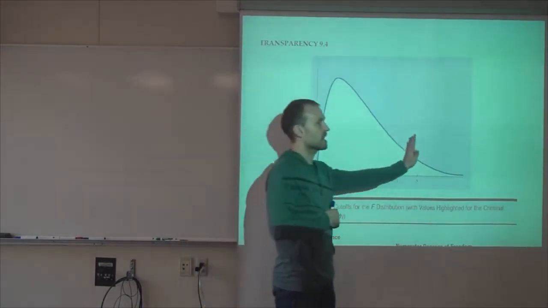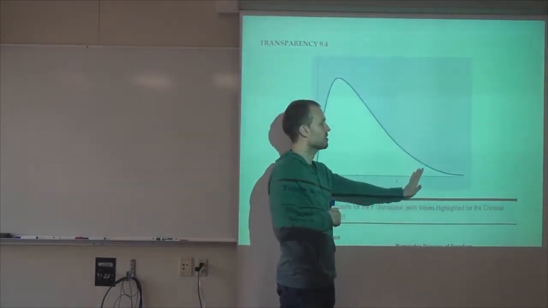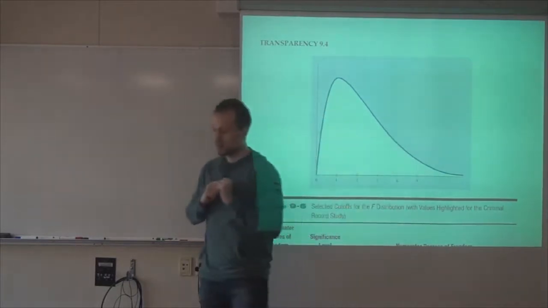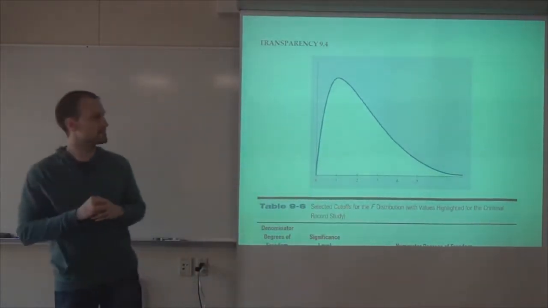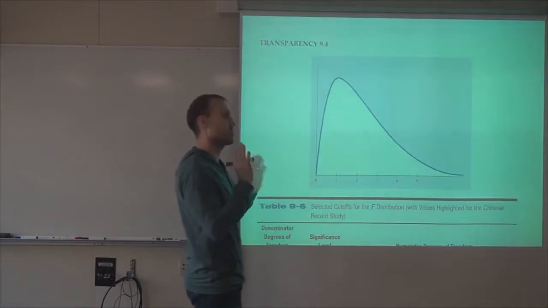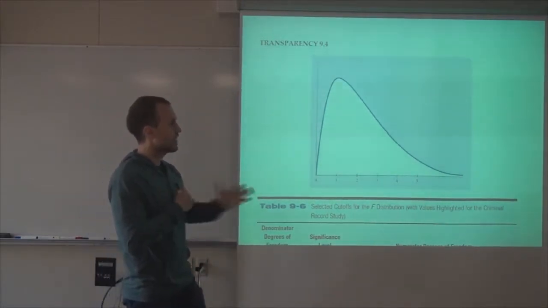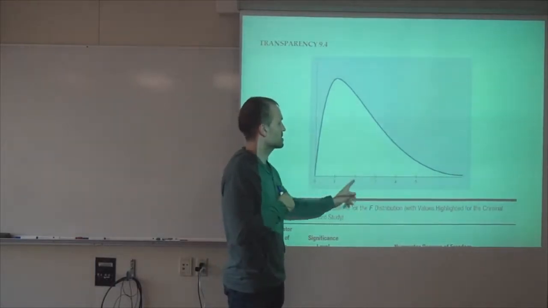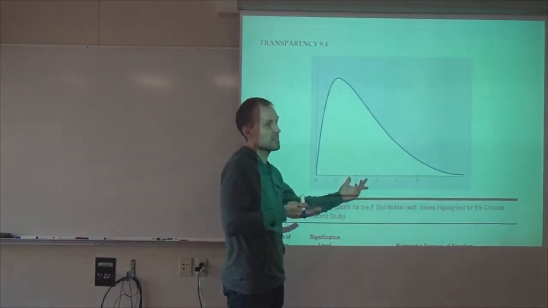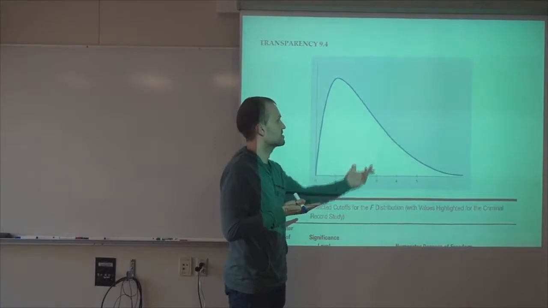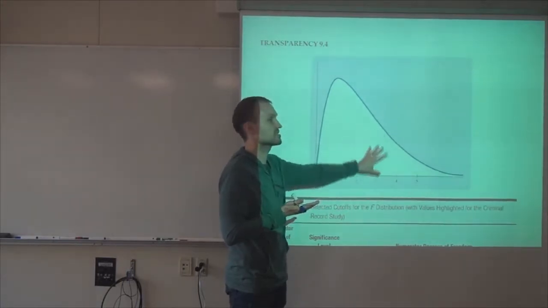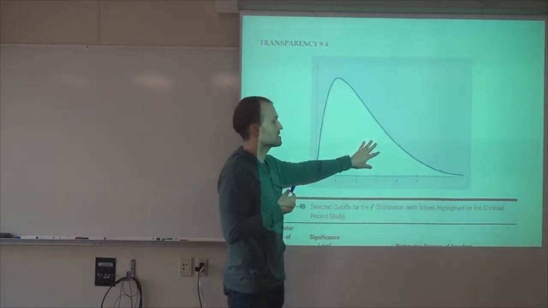And again, I'm going to have a cutoff F value now that tells me how extreme is extreme enough so that I can say, nope, there is a significant difference here. I'm going to reject the null hypothesis. Some of these values are common, a ratio of 2 or 3. That is going to happen fairly often. These areas signify probabilities.